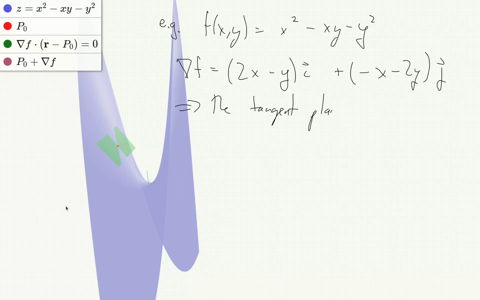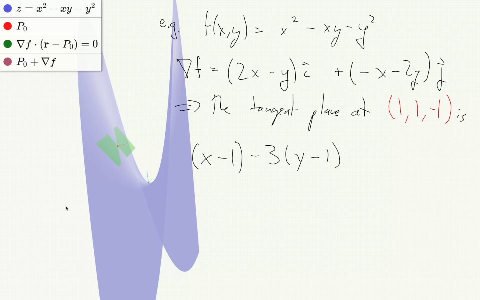And so the tangent plane at, let's take, for example, 1, 1, -1, will be given by, okay, so fx is 2 minus 1, times (x minus 1), plus, and so then negative, so that'll actually be -3 times (y minus 1), minus (z plus 1) is equal to 0.